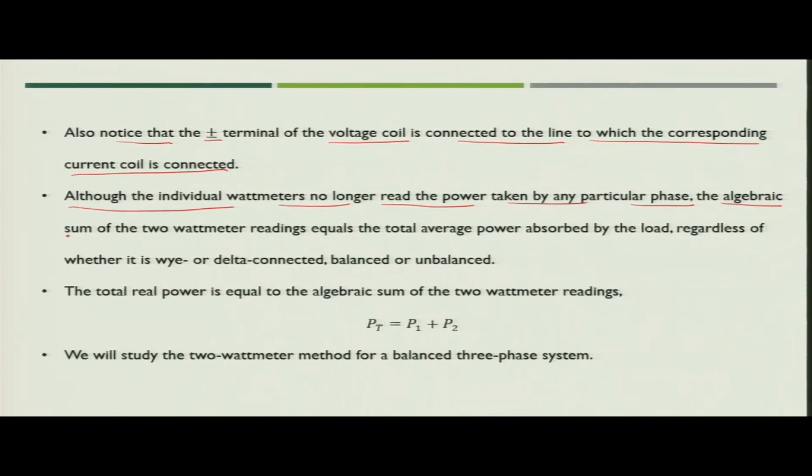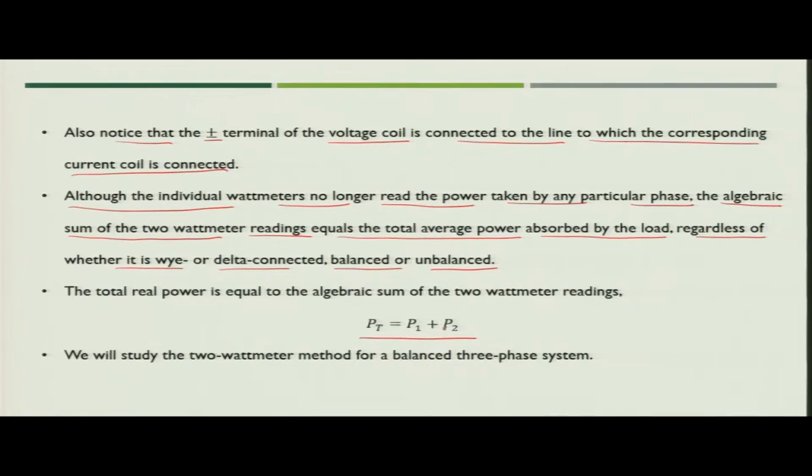But the algebraic sum of two wattmeters will give us the reading which will be equal to the total average power absorbed by the load, and this is regardless of whether the load is Y or delta connected or whether it is balanced or unbalanced. So, the total power will be equal to the algebraic sum of two wattmeter readings.